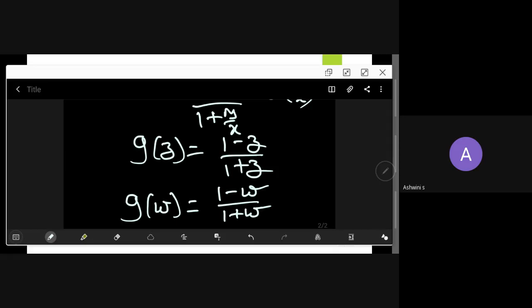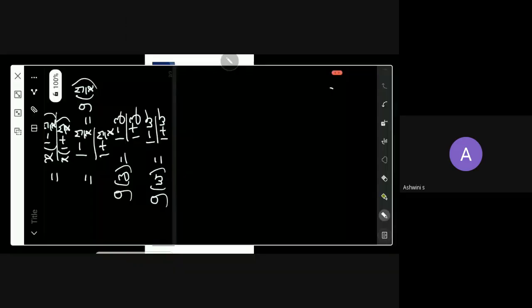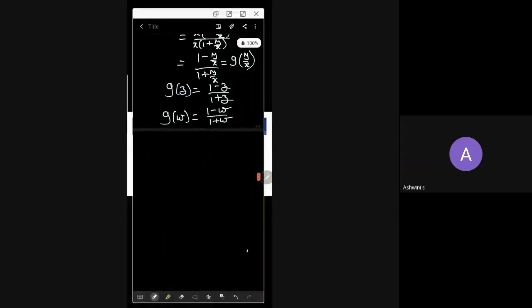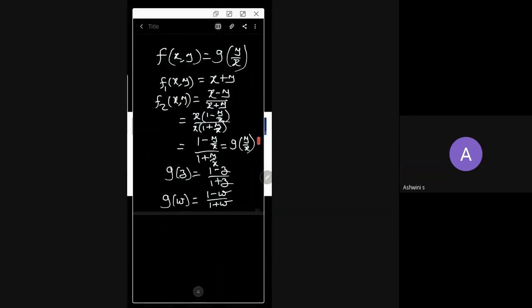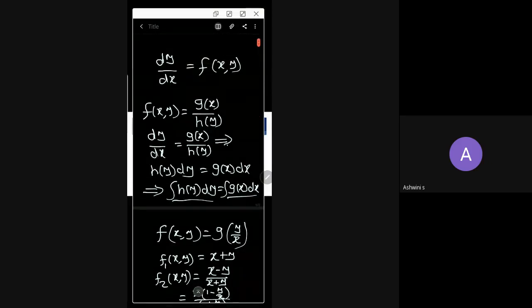So this is the second case we are discussing about. Just to give a view here, this is our first case, which is here. Then we have the second case here.